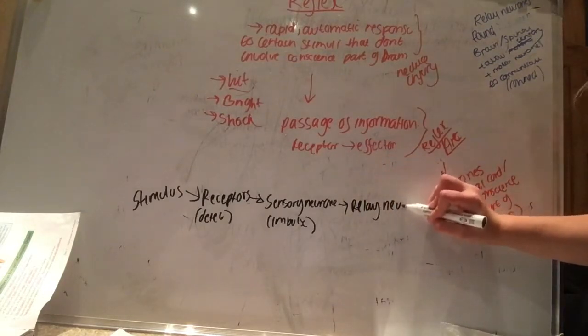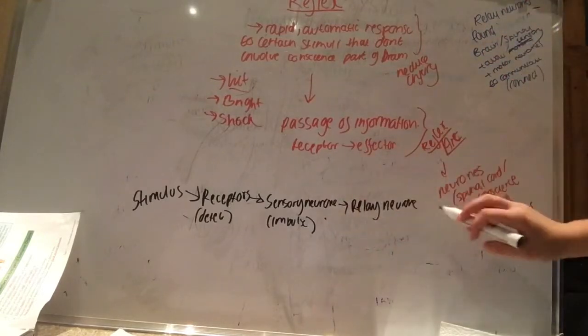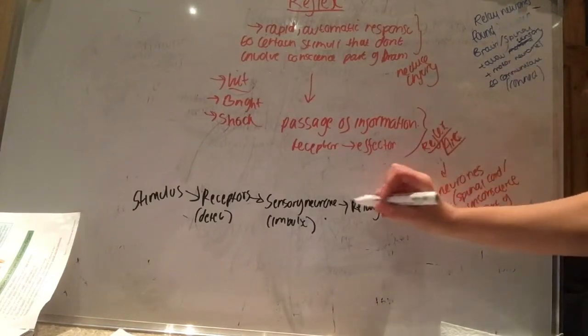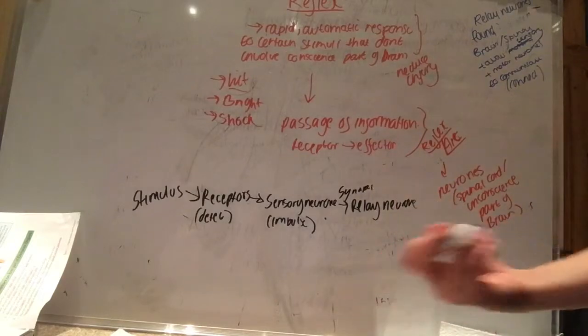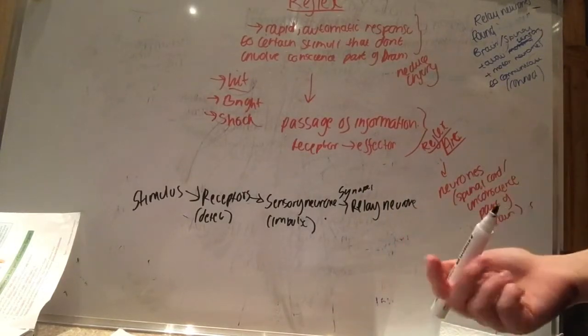The relay neuron is basically found in the brain or the spinal cord, the CNS, and it allows the sensory neurons and the motor neurons to connect. It allows them to communicate their information. So we have a synapse here. When impulses reach a synapse between the sensory neuron and the relay neuron, they trigger chemicals to be released.